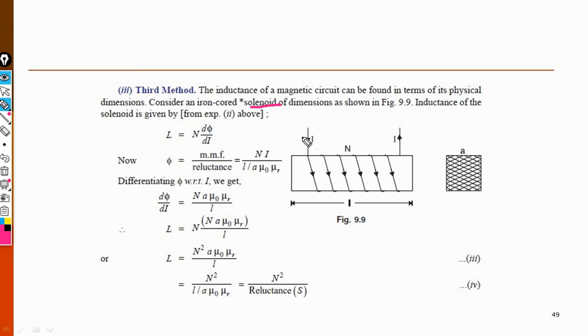This is the incoming current and this is the outgoing current.